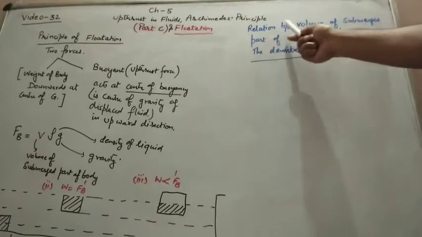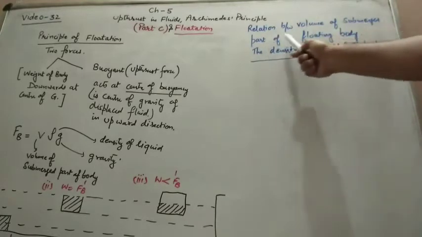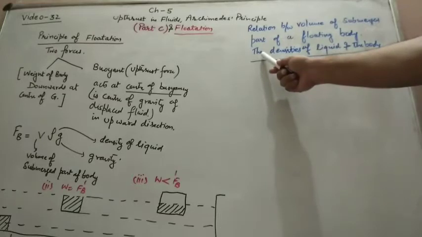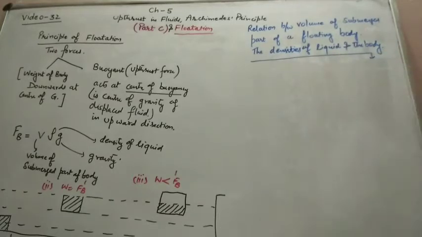Now, the relation between the volume of the submerged part of a floating body and the densities of the liquid and the body.